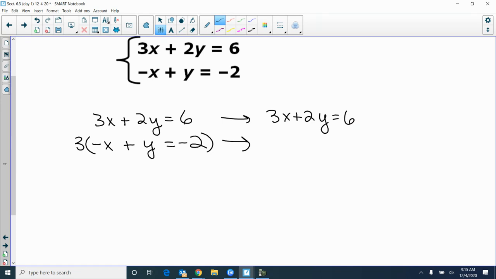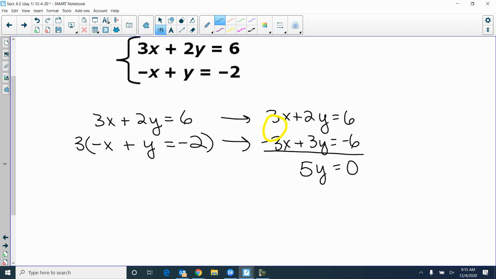Nobody did anything different? Okay, so 3 on the bottom gives me negative 3x plus 3y equals negative 6. Now here's what happens in this case. 3x minus 3x is 0. This does give me 5y, and it does equal 0. That's okay. It's okay for the whole thing to equal 0.